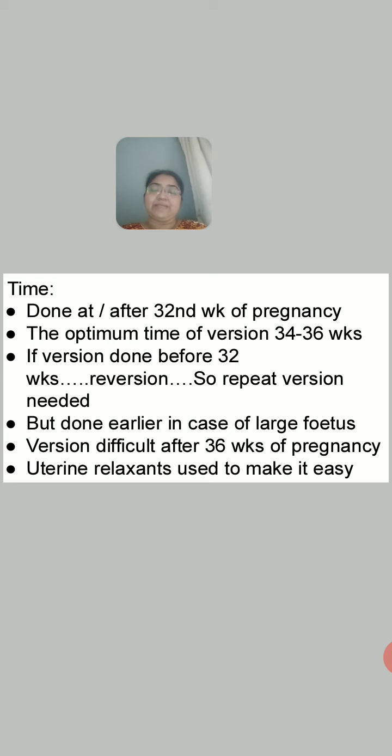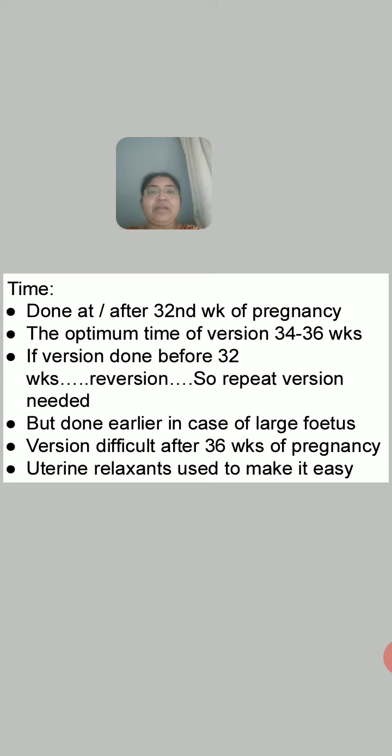In some cases, version may be required earlier than 32 weeks, like in the case of a large fetus. When before 32 weeks the fetus is already larger in size, if we wait till the end of 32 weeks, the fetus which was already large will be more grown after 32 weeks.